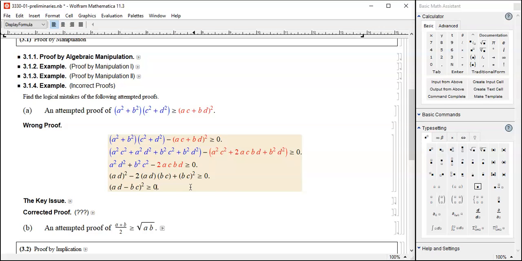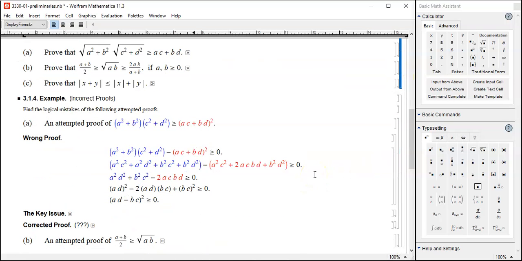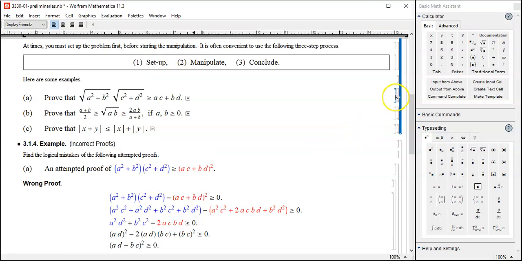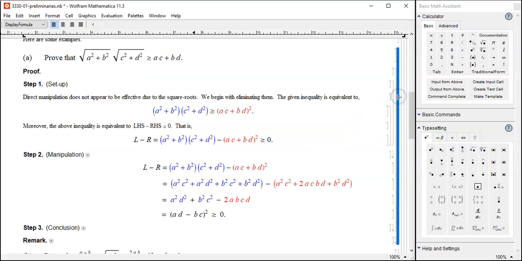What's wrong with this proof? Think about it. While you're thinking, let me go get the correct proof. Correct proof from here. Okay, all right, here we go.